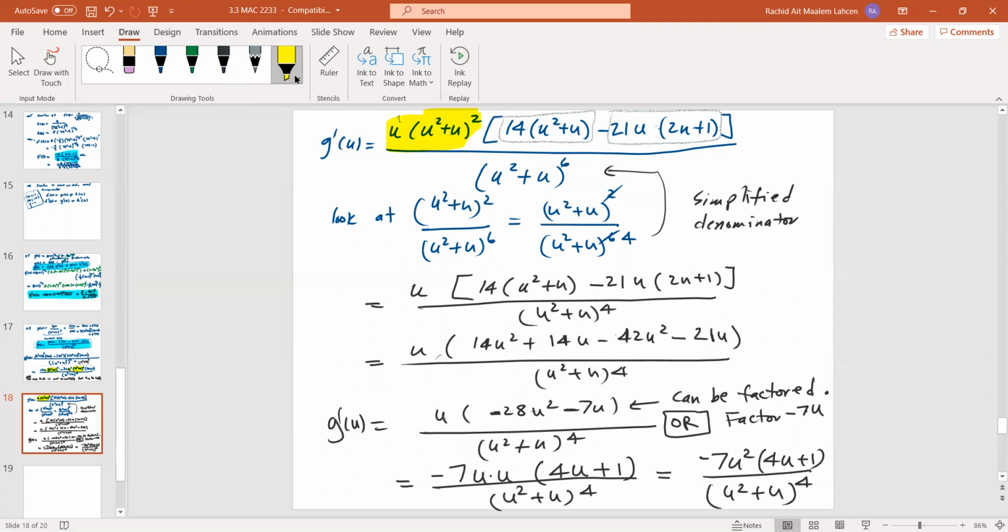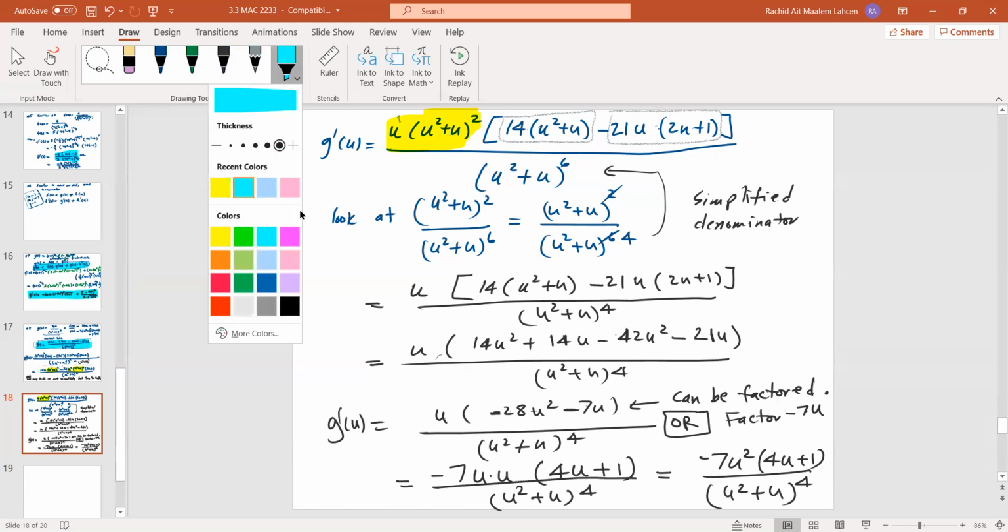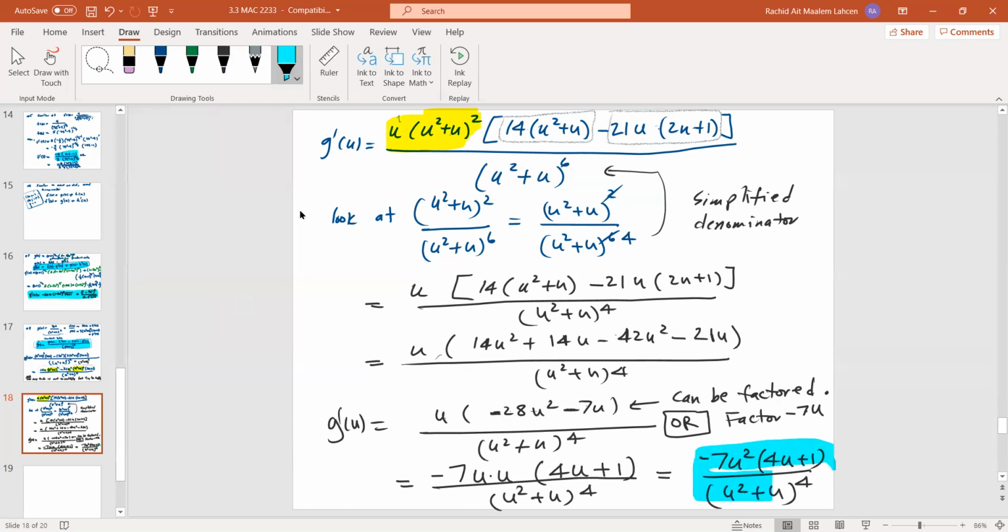So yeah, it's a matter of following it to the end, simplifying it. If you haven't used these skills before, you've seen a skill where you factor and simplify in the middle, so you make it easier to process.